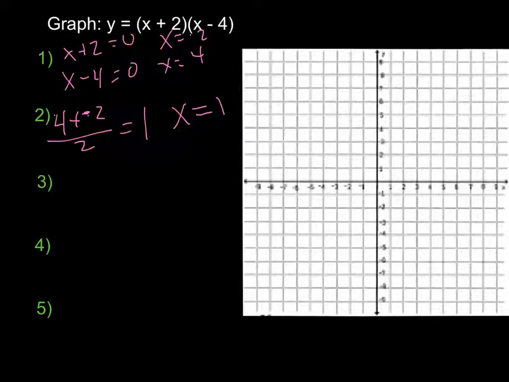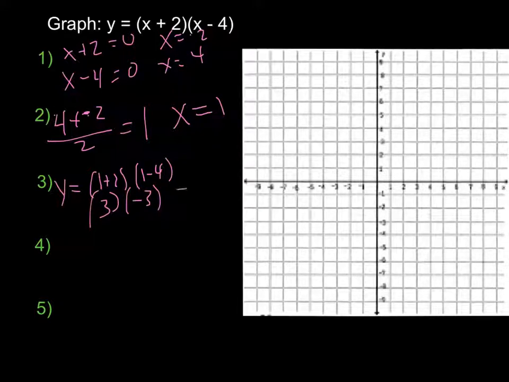The next part says take that 1 from number 2, plug it in for x and solve for y. So we have y equals 1 plus 2 times 1 minus 4, and we get 3 times negative 3, which equals negative 9. So our vertex is the point 1 comma negative 9.